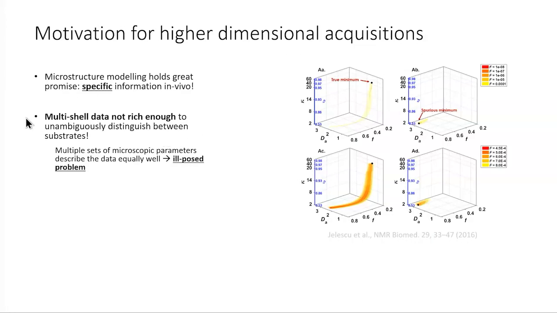Unfortunately, there's been increasing evidence that multi-shell data is simply not rich enough in terms of information content to unambiguously distinguish between multiple microscopic substrates. The problem is that you have multiple sets of microstructural parameters that will describe your data equally well, so you have an ill-posed problem.